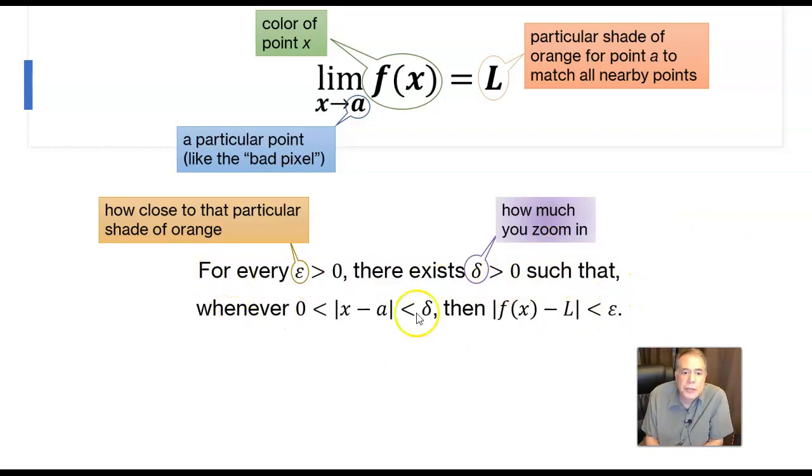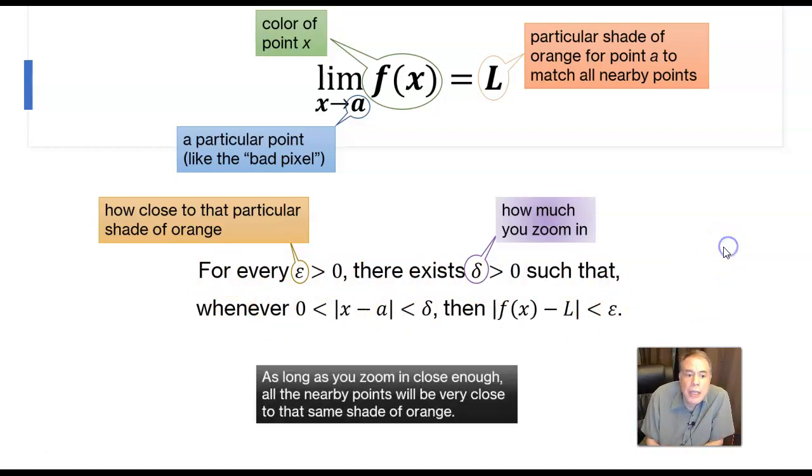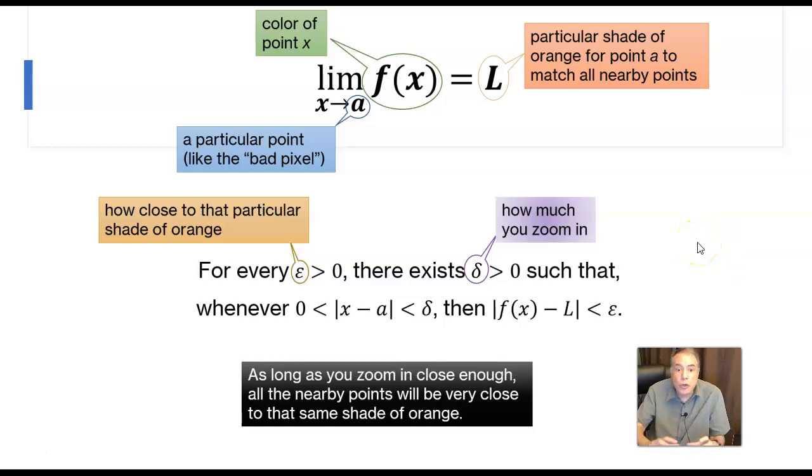So what this is saying in this formal, mathematically precise language is that as long as you zoom in close enough, all the nearby points will be very close to that same shade of orange. How close is very close? Well, as close as you want to get.